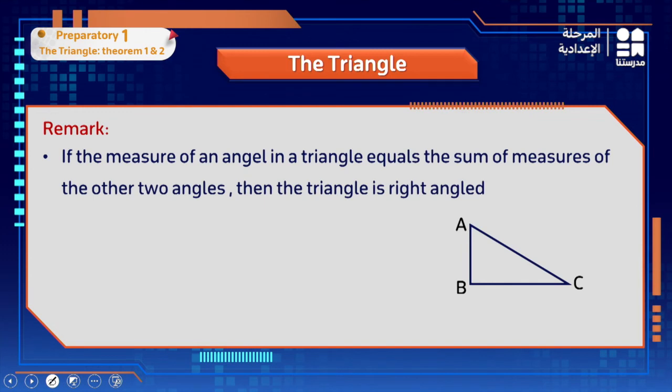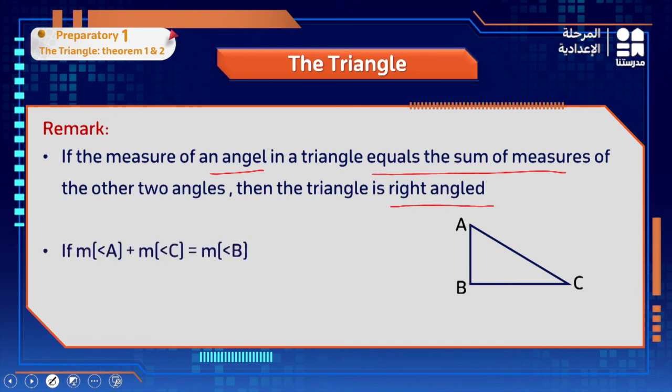Then we have another remark. If the measure of an angle of a triangle equals the sum of measures of the other two angles, then this triangle is right angled. Here, if the measurement of A plus the measurement of C is equal to the measurement of B, so when we add A and C, we get B. Then the measurement of B is 180 divided by 2.